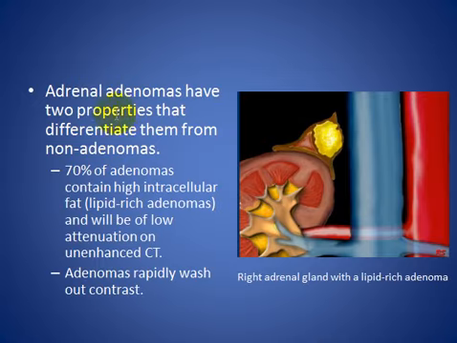Adrenal adenoma have two properties that differentiate them from non-adenoma. 70% of adenomas contain high intracellular fat, lipid-rich adenoma, and will be low attenuation on an unenhanced CT scan. Adenomas rapidly wash out contrast.